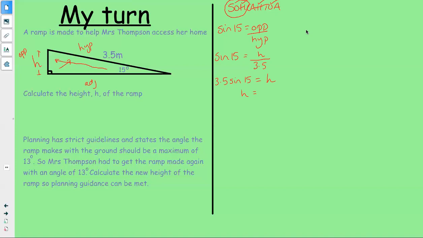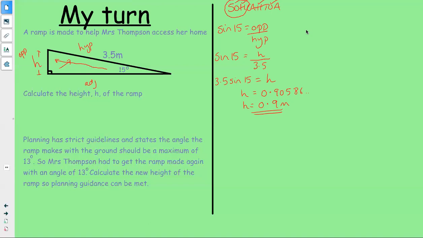At that point you can reach for your calculator. 3.5 sin 15 is 0.90586. To one decimal place, 0.9 meters. Okay, so just short of a meter.